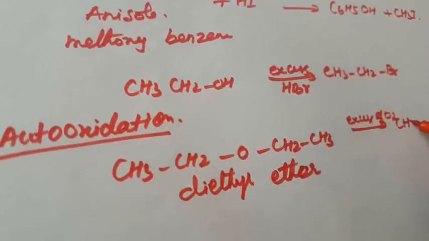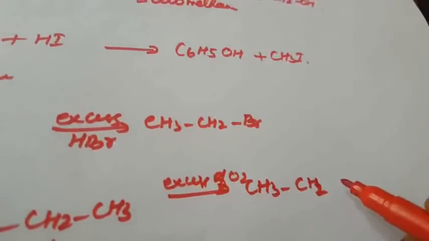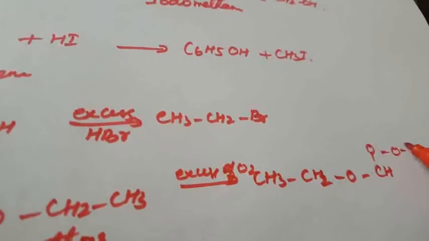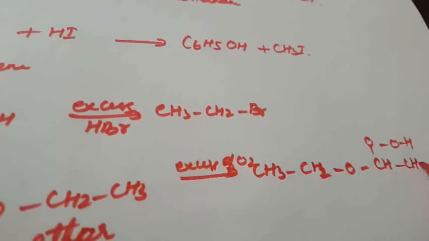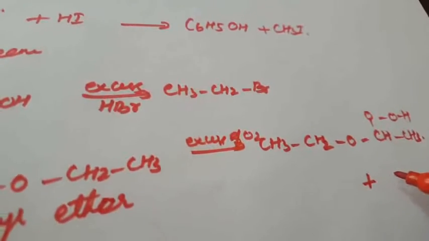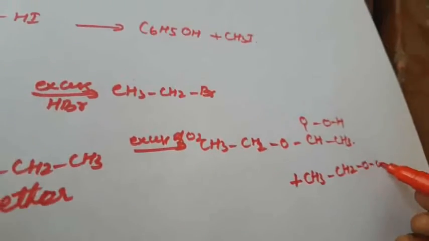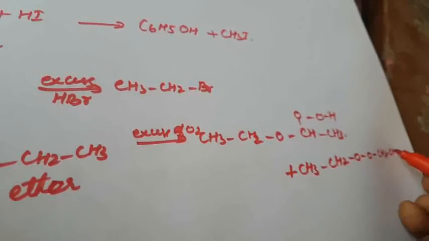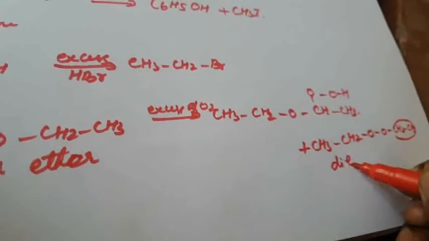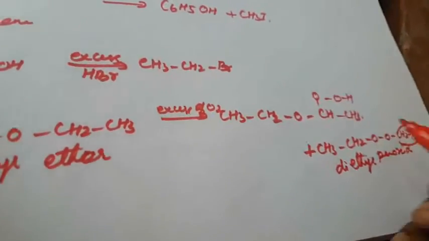So that is CH3CH2OCH(OOH)CH3, this is one compound. Another compound is diethyl peroxide, CH3CH2 peroxide CH2CH3. So how to write this name?